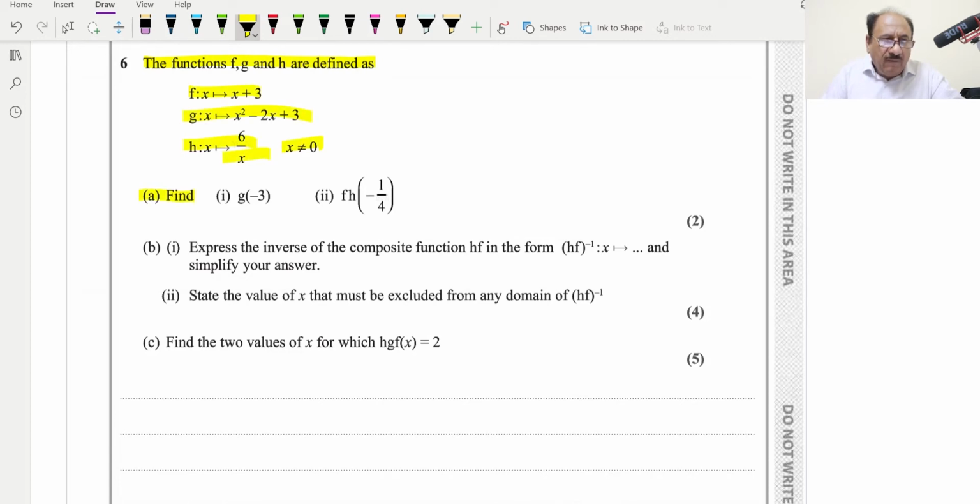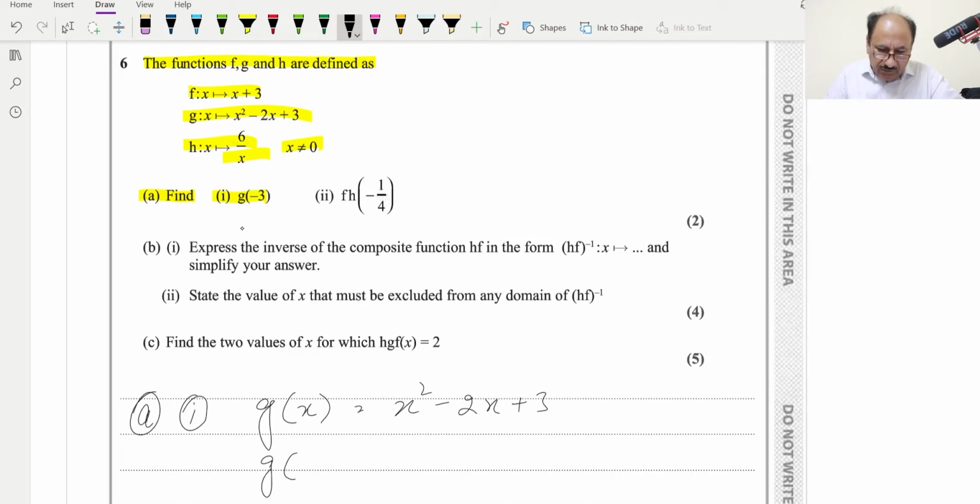A part, find number 1, g of minus 3. So for A1 we will find g of minus 3. G of x is what? G of x is equal to x squared minus 2x plus 3.